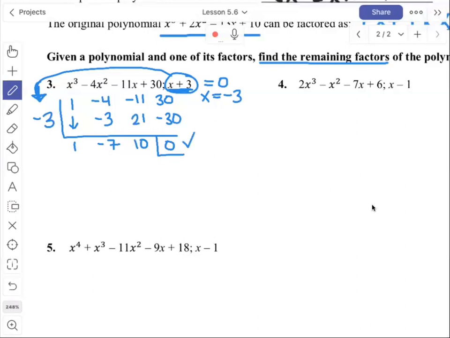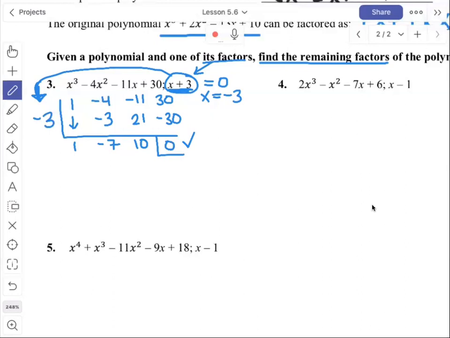And you should get 0 as a remainder, guys. If you don't get a 0 there, that means something actually went wrong, because they tell us that this is a factor, which means the remainder has to be 0. If it's not, double check, something went wrong, okay?